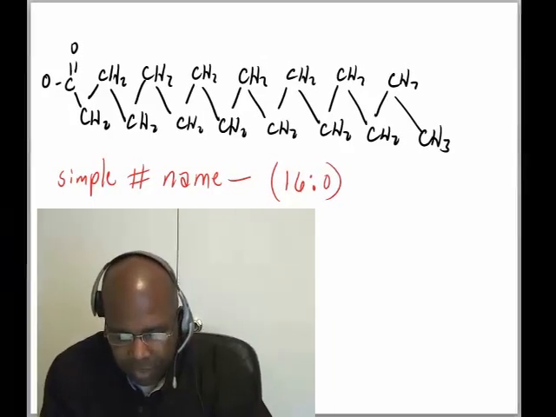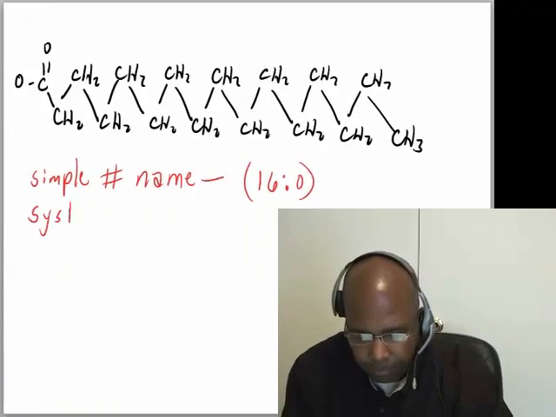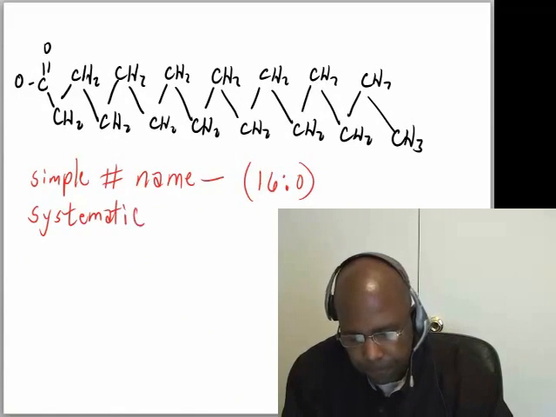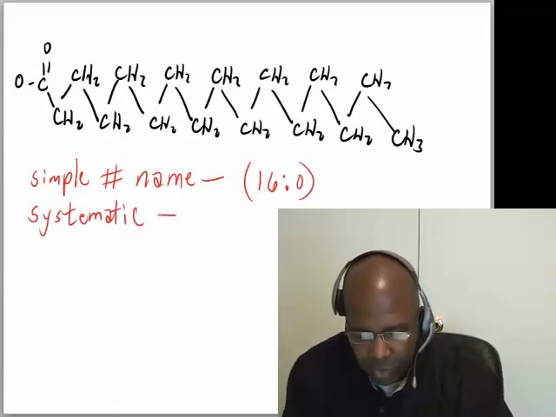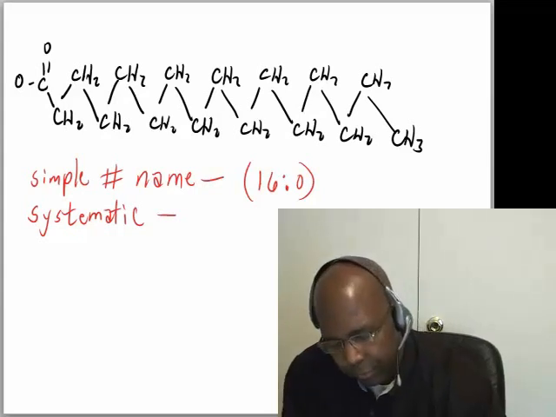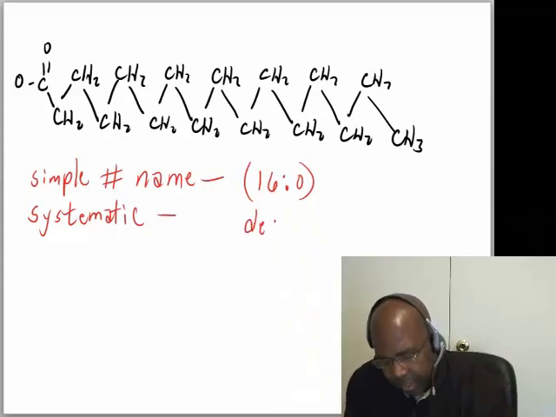Then we have our systematic name. And the systematic name for this one, well, if there were 10 carbons, it would be decanoic acid.